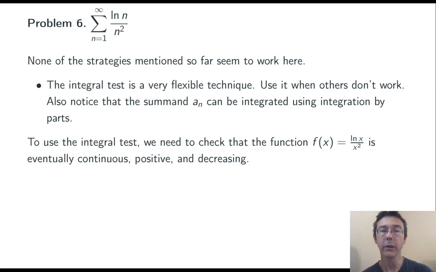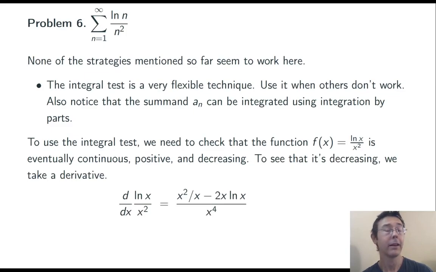Now, this is pretty clearly positive when x is bigger than 1. And it's also going to be continuous as long as we stay away from the asymptote at 0. The only thing we really need to check here is that it's decreasing. And as usual, we'll do that with the derivative. Differentiating ln x over x squared with the quotient rule, and then simplifying a little bit, I get 1 minus 2 ln x over x to the third.